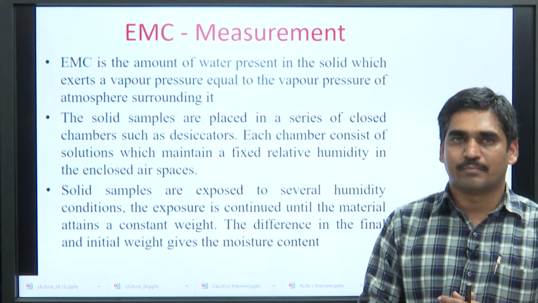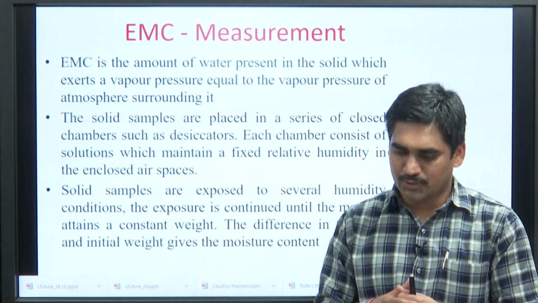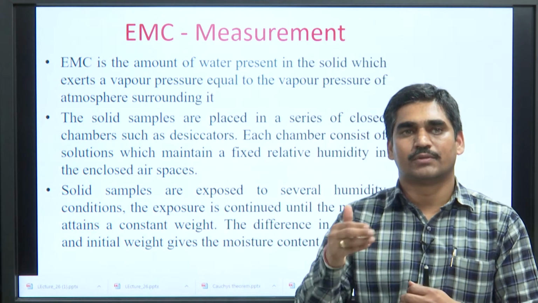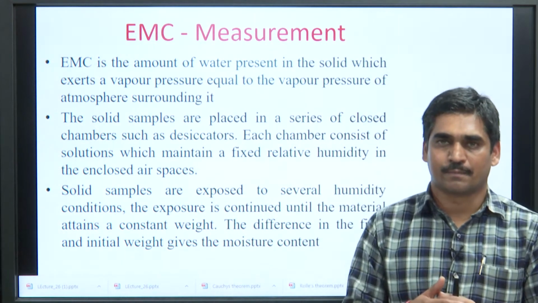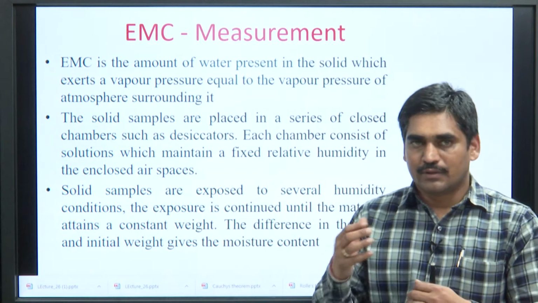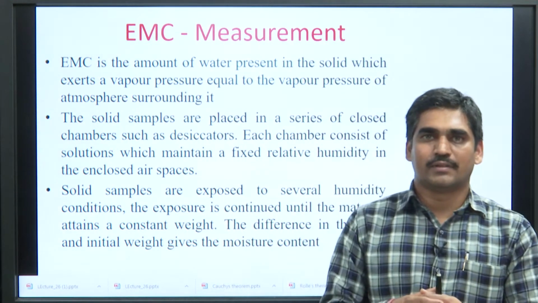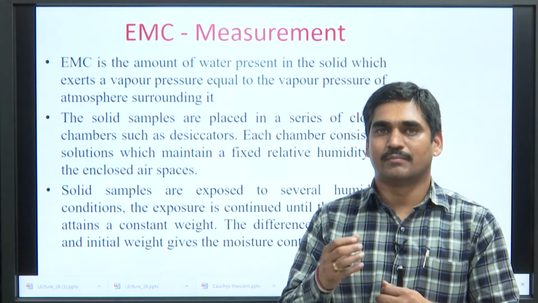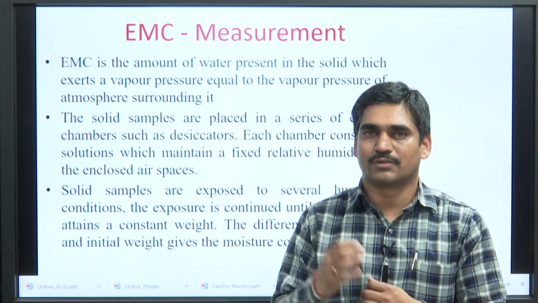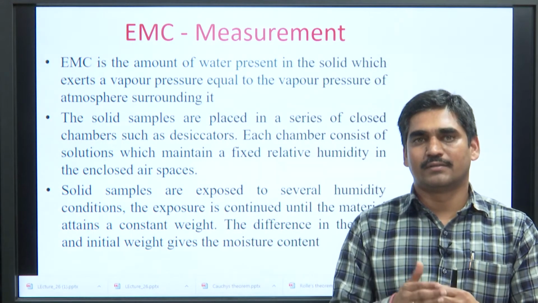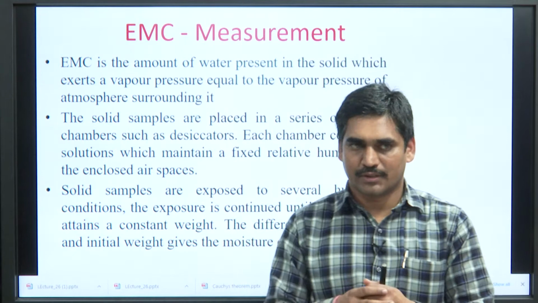The solid samples are exposed to several humidity conditions, and this exposure is continued until the material attains a constant weight. The difference between final and initial weight gives the moisture content.